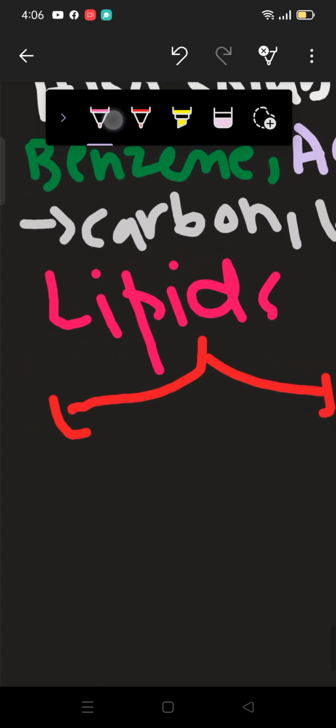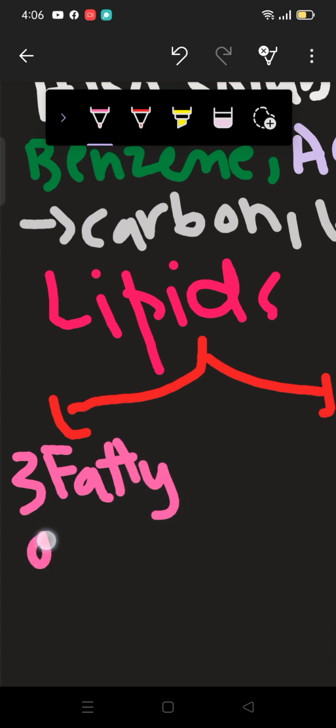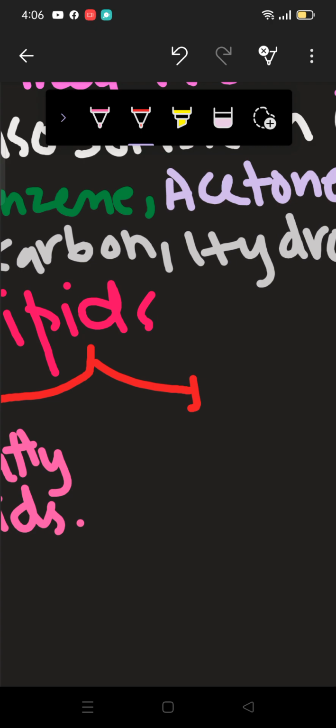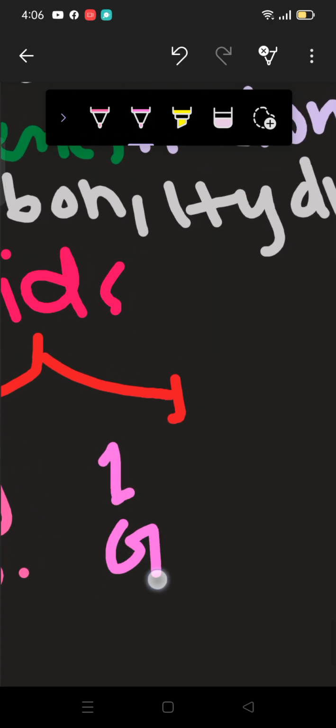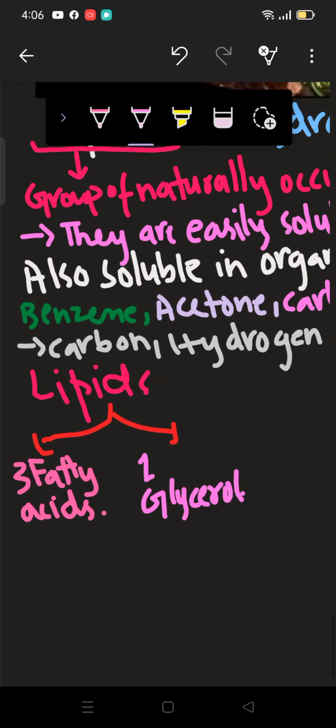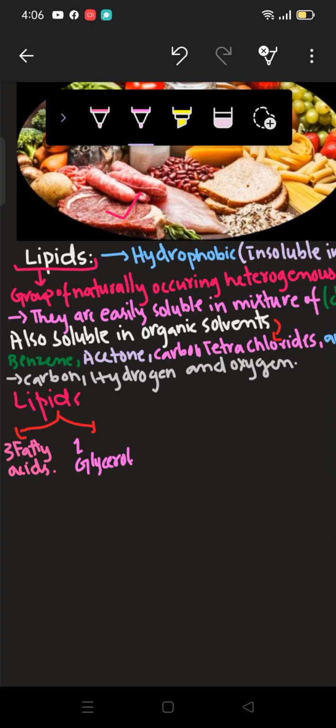The first one is 3 fatty acids and 1 glycerol. Three fatty acids and 1 glycerol.